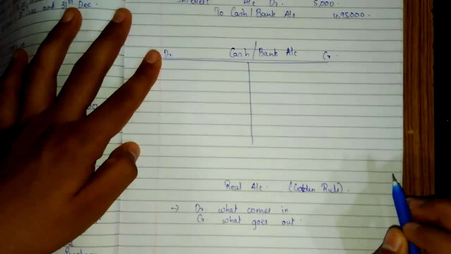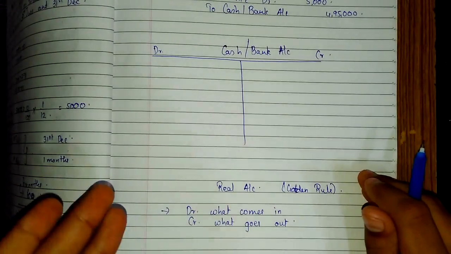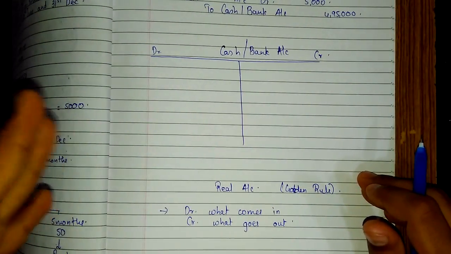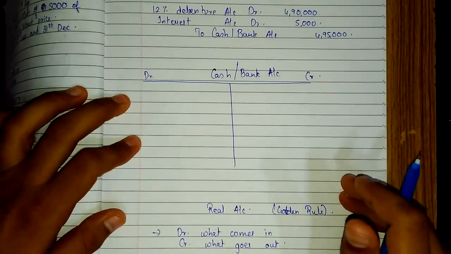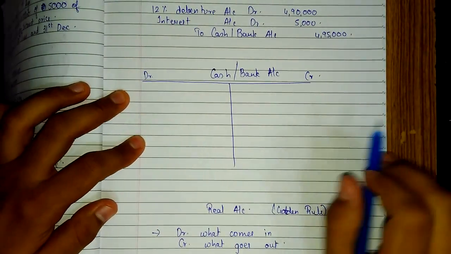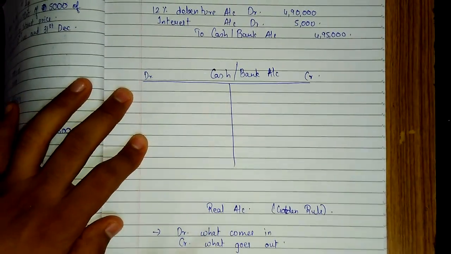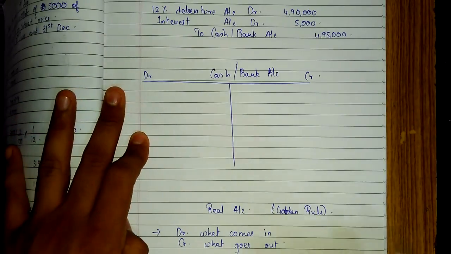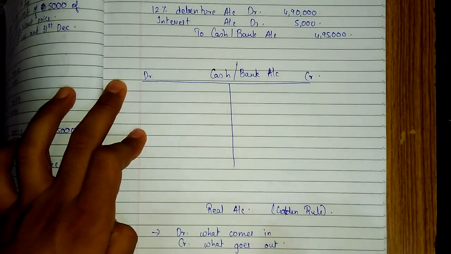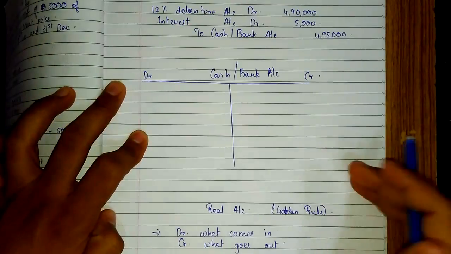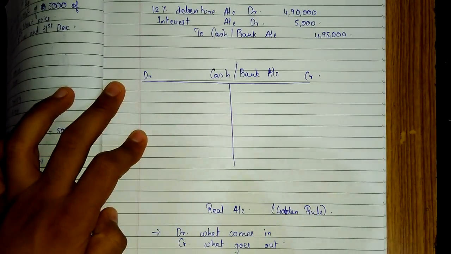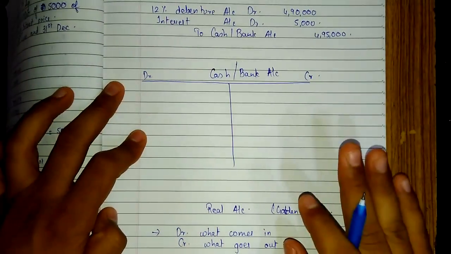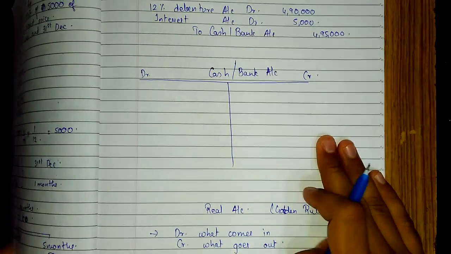This you have studied in the 11th standard. Many of the students don't know what the golden rule means. They have just memorized all the entries. God save them. So how to apply the golden rule? Why is it known as the golden rule? Because it is very easily applicable. Firstly, if you sell something, what comes in?